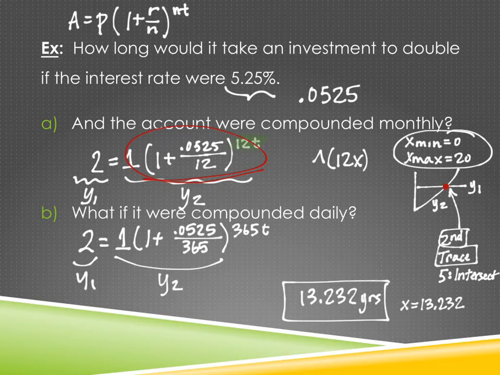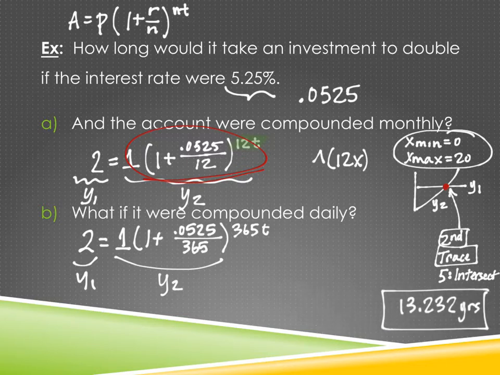So second trace, number 5, hit enter 3 times. And if I do that on this one, it tells me my x value at the bottom is 13.204.